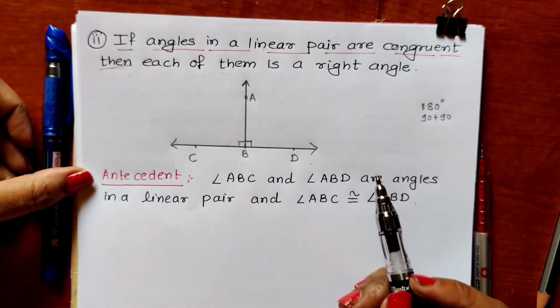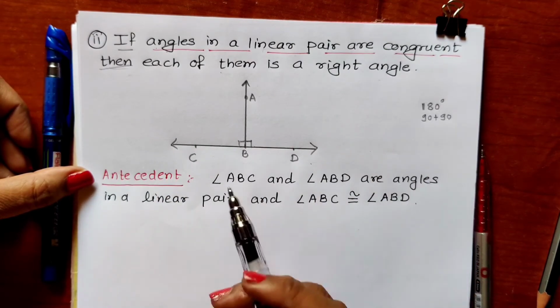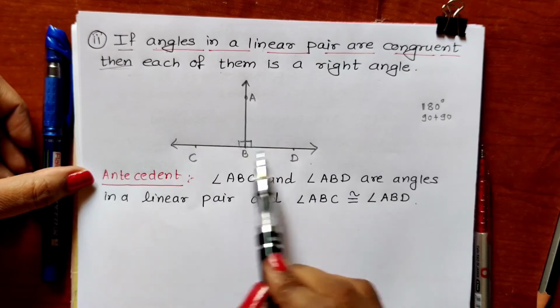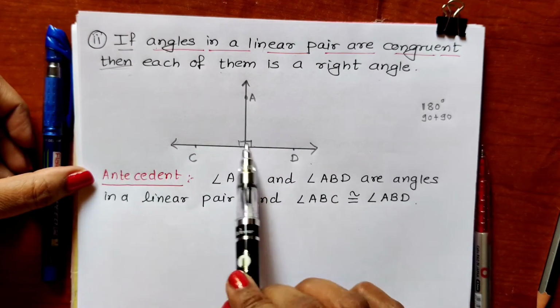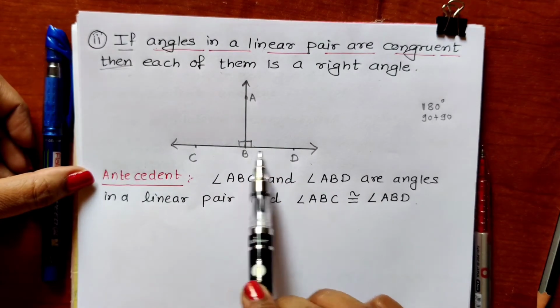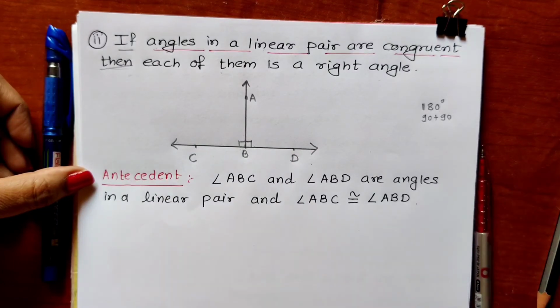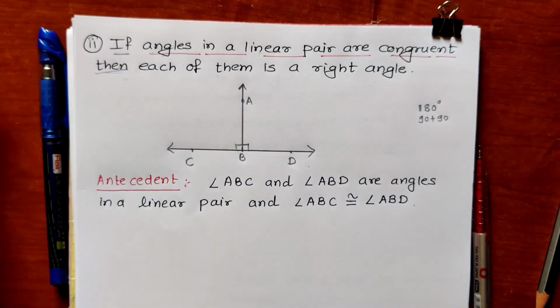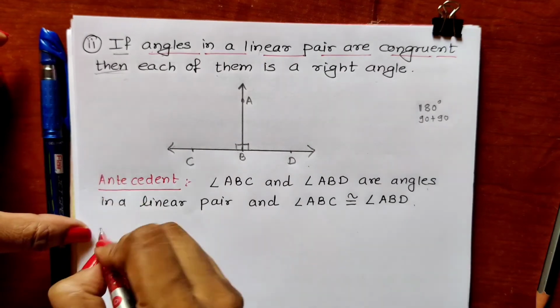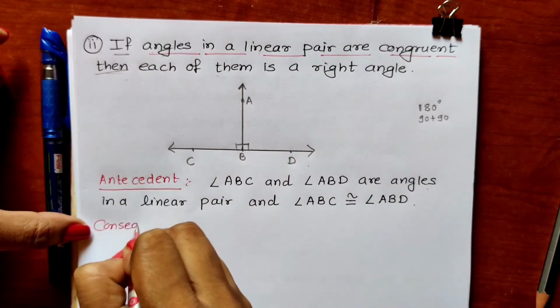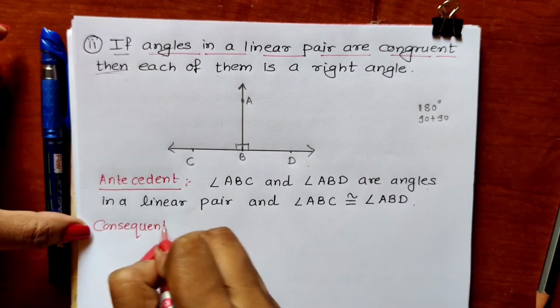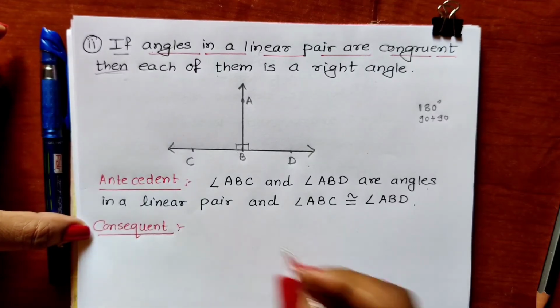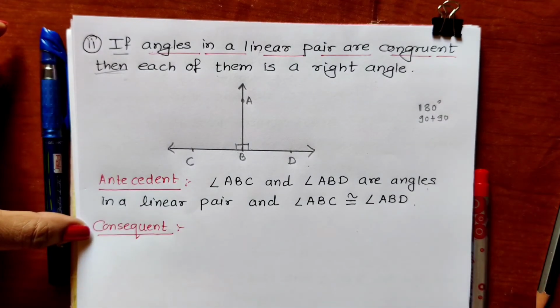Then what is its consequent? What is its result? Its result will be measure of these two angles is 90 degree. Angle ABC is also equal to 90 degree and angle ABD is also equal to 90 degree. So in a consequent, what is its result? Consequent means result, the part to be proved.